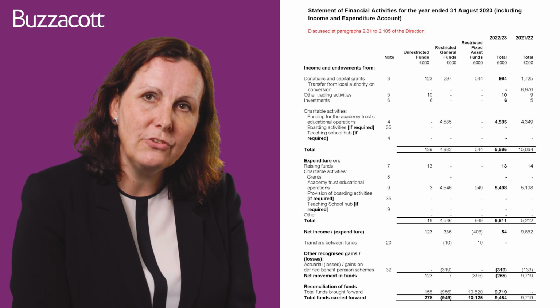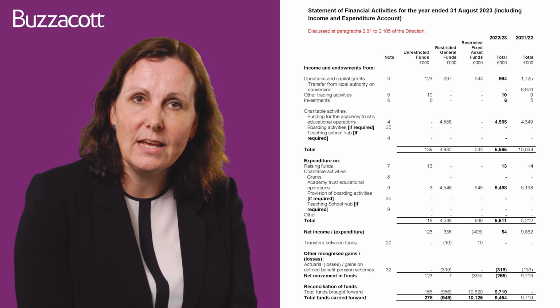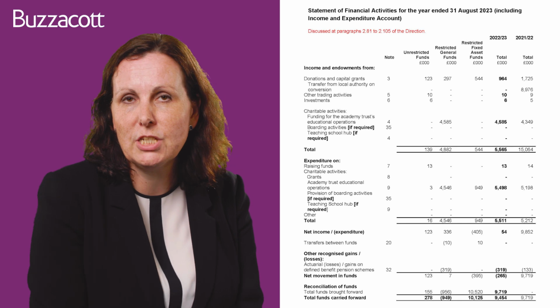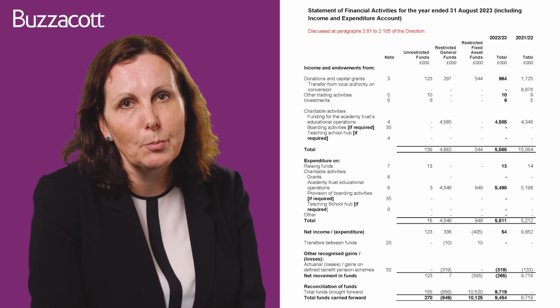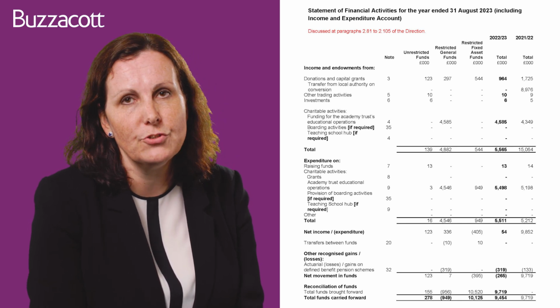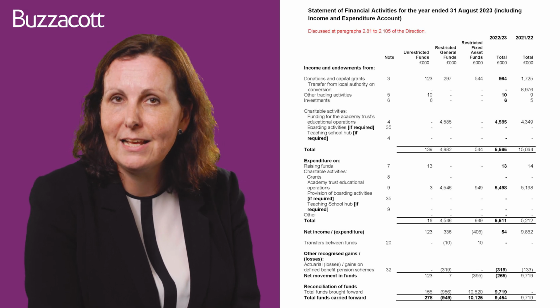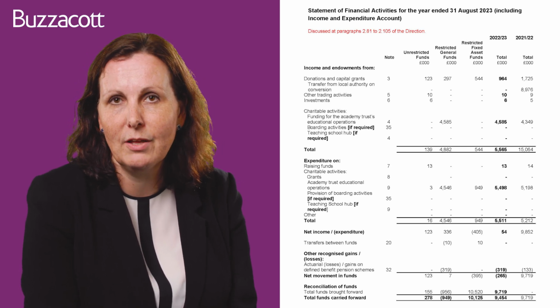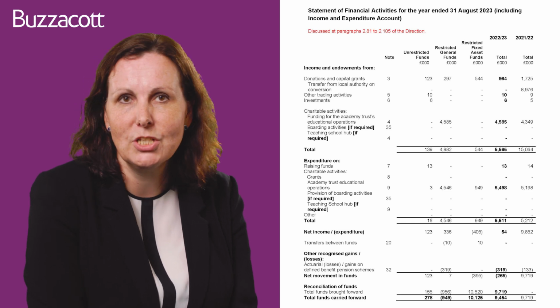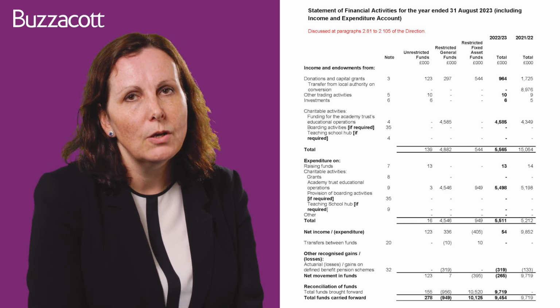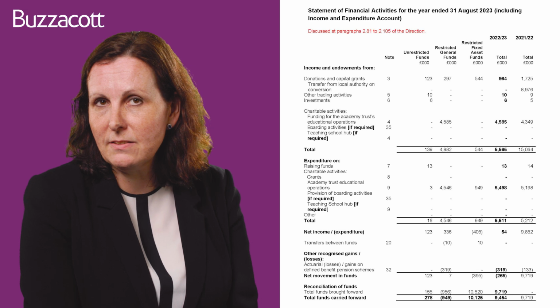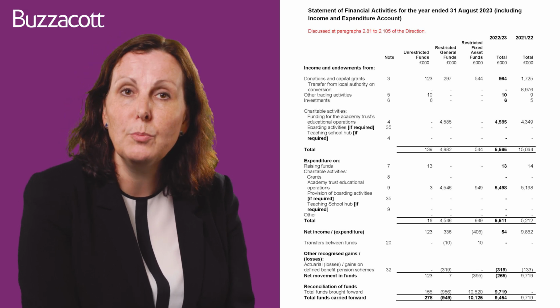So when we get to the balance sheet, you'll see that the negative here at the bottom of the page on the restricted general fund is actually comprised of a positive restricted general fund balance less a negative pension reserve, reflecting the pension liability.